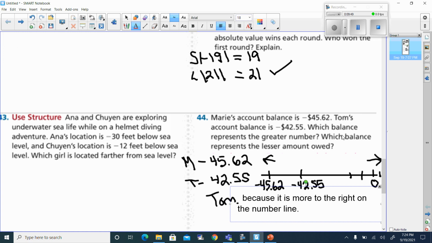And then when it says which balance represents the lesser amount owed, that's also Tom's, because he only owes $42.55 instead of $45.62. So the next answer is going to be Tom again, because he owes a lesser amount.